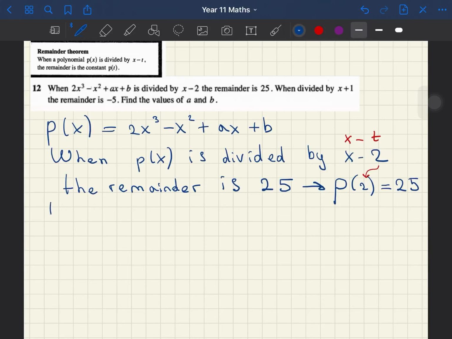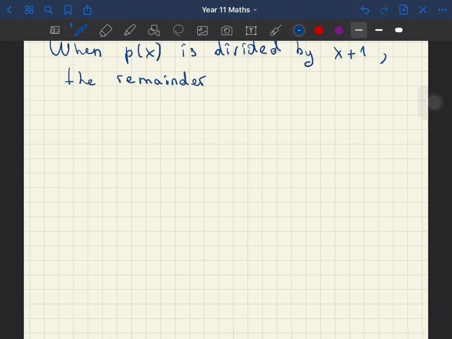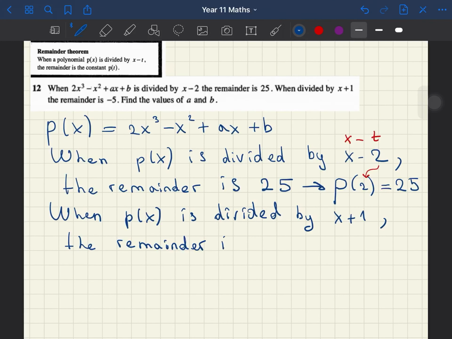And then another one is when p of x is divided by x plus 1, the remainder is minus 5.